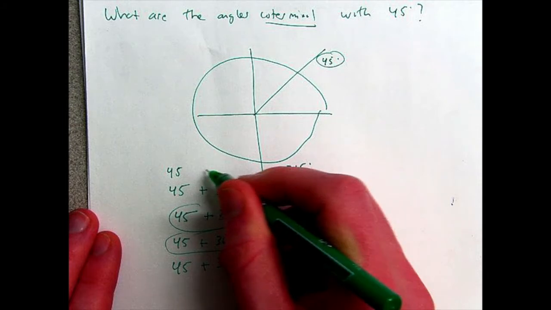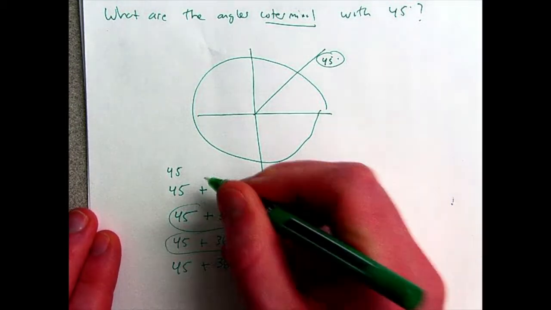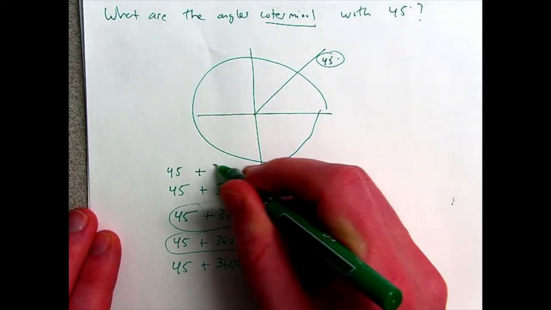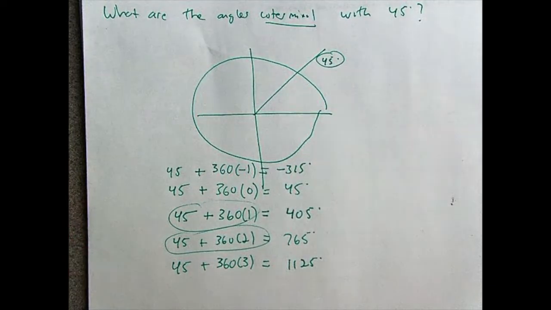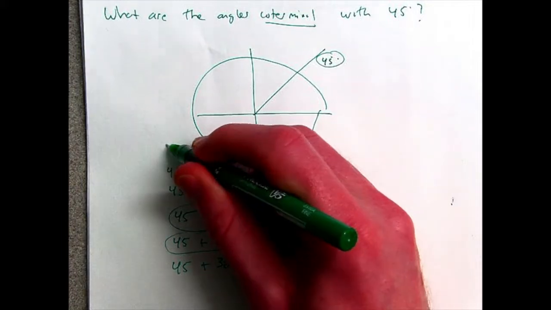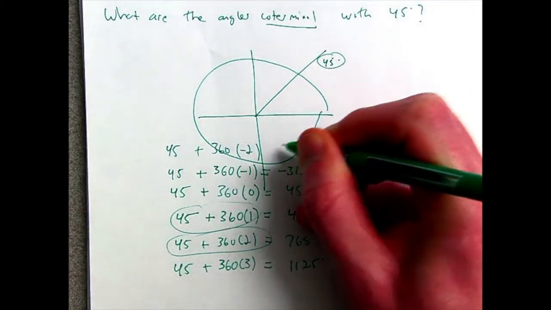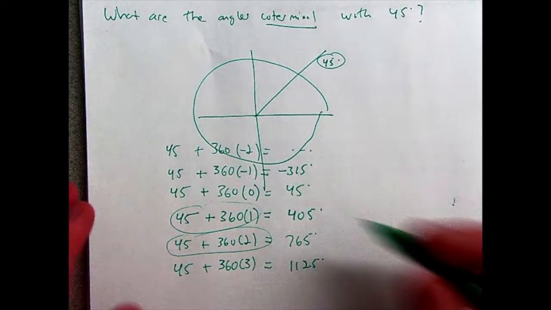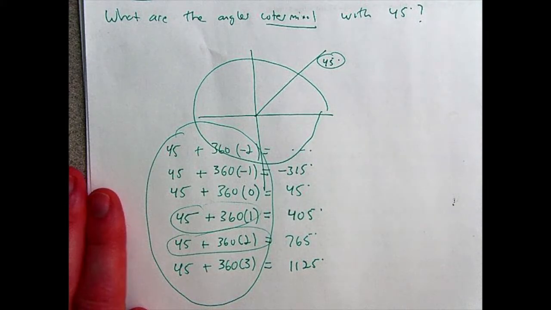I could write it as minus 360, but I'd like to write it in the same way that I wrote these guys. I can write plus 360 times negative 1, and that is subtracting 360. You can subtract another copy of 360, and that would just be 360 times negative 2, equals something. So here's my point, okay? All of the angles coterminal with 45 look like this.